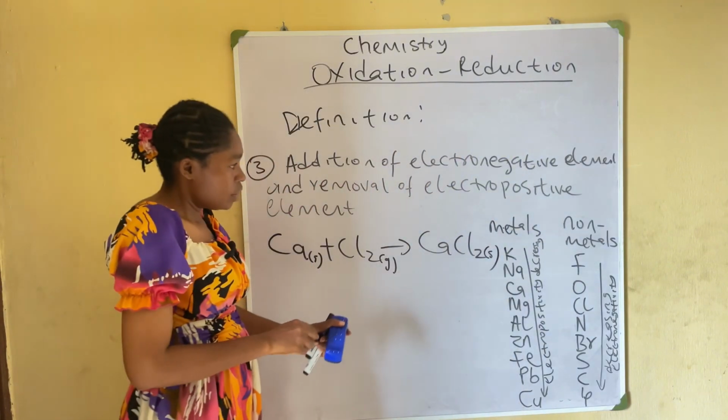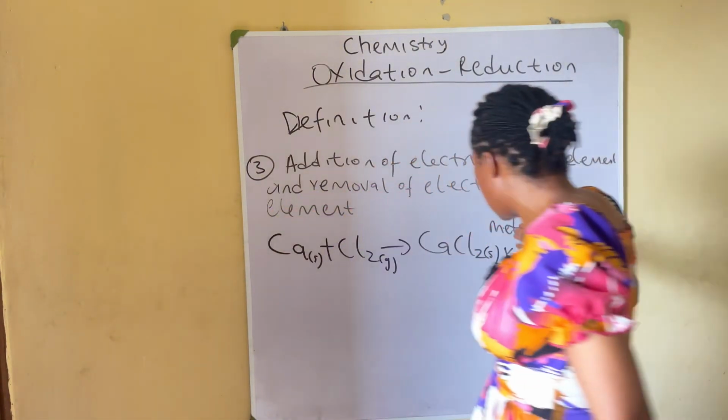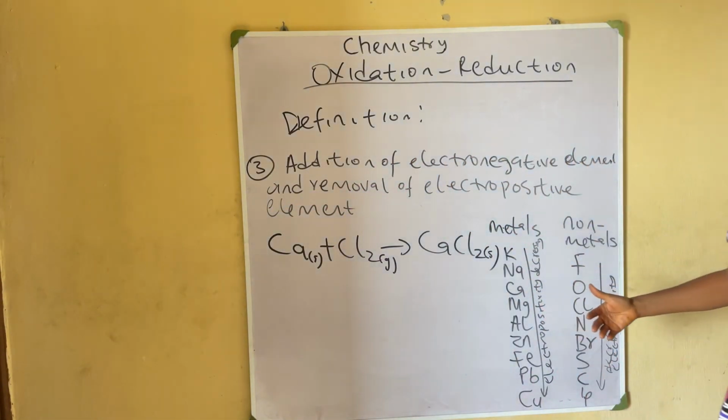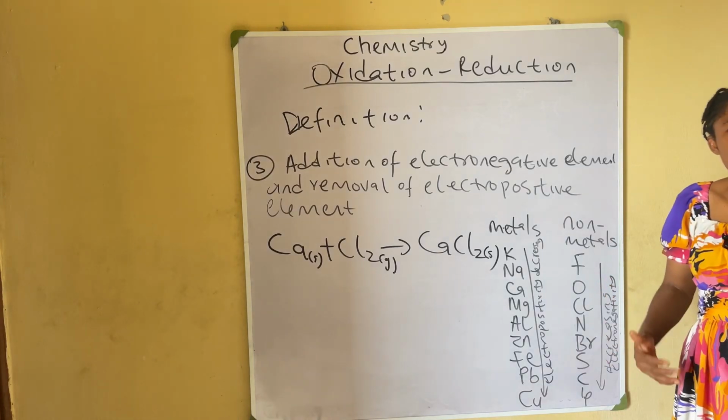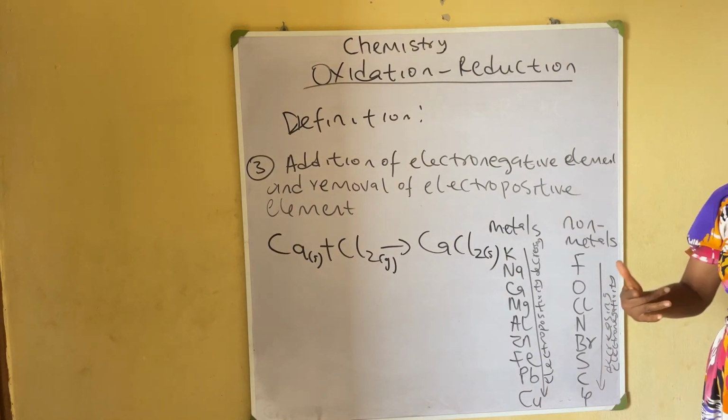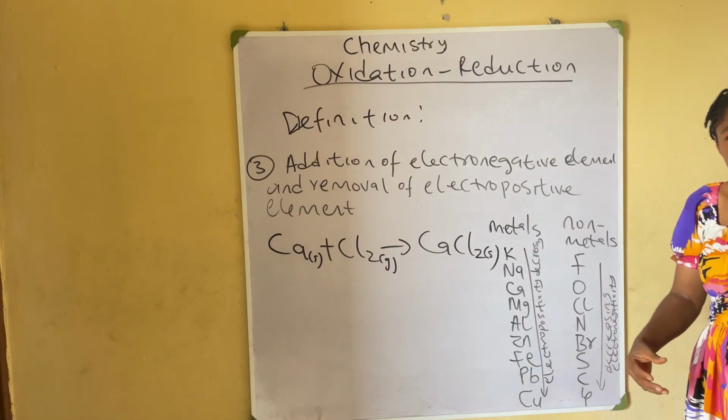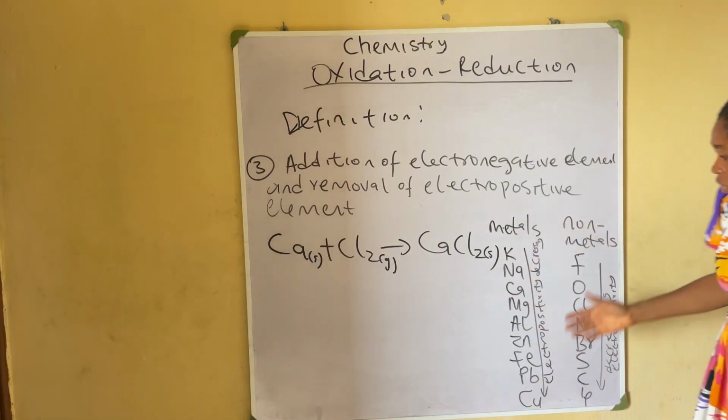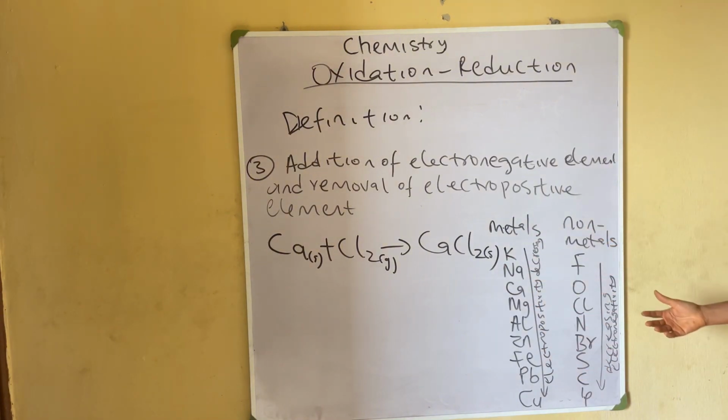You can see, metals are electropositive. What do you mean by electropositive? They have a tendency to ionize by loss of electrons, or by donating electrons. Non-metals are electronegative. It means that they have a tendency to accept electrons. They gain electrons.